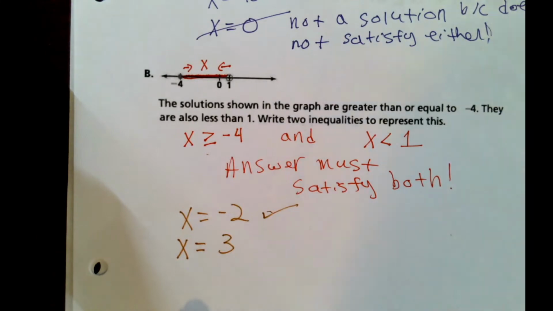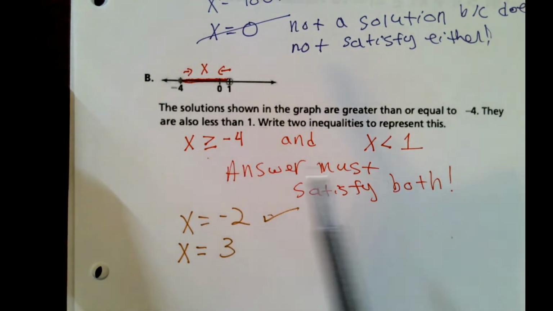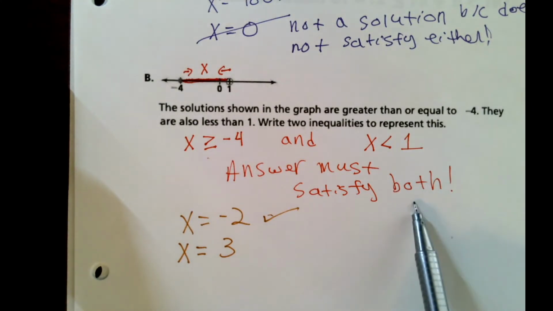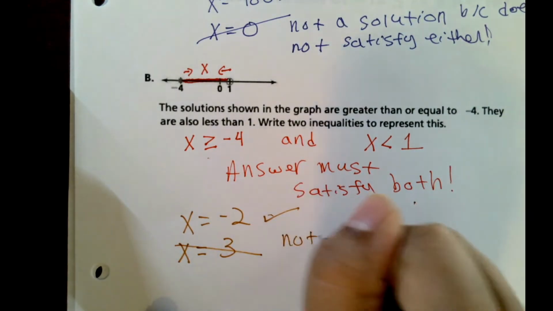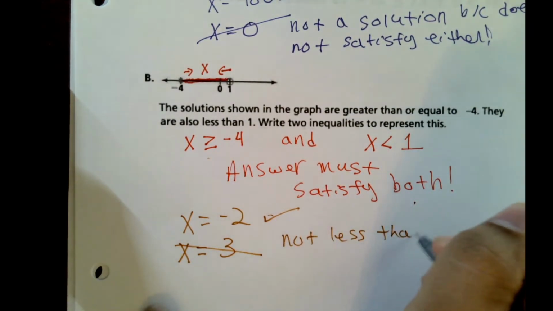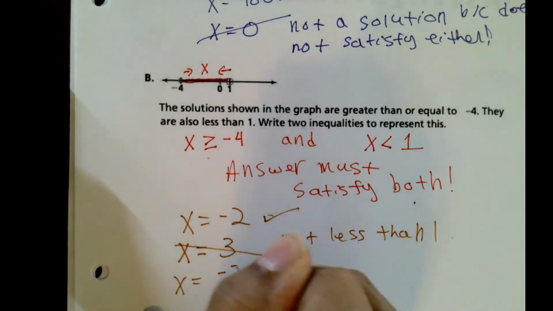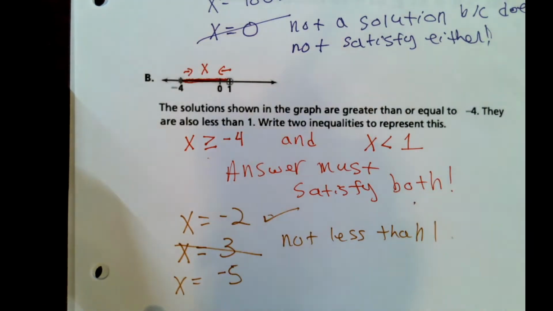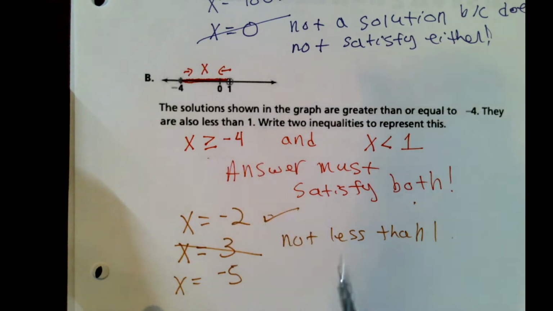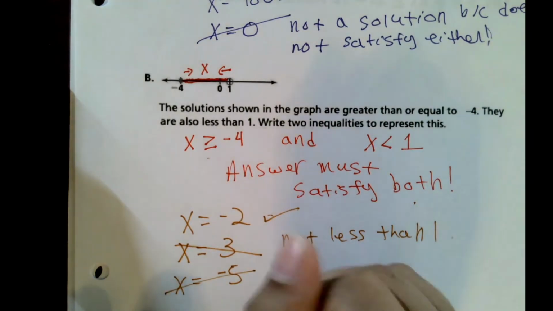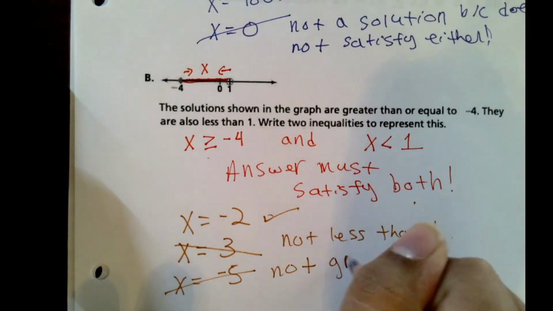And remember, we gotta satisfy both, so no. We kick him out because not less than 1. Okay, let's try one more. X is equal to -5. Well, it definitely is less than 1, but is that bigger than -4? Nope. Gotta meet both, so no. Not greater than -4.